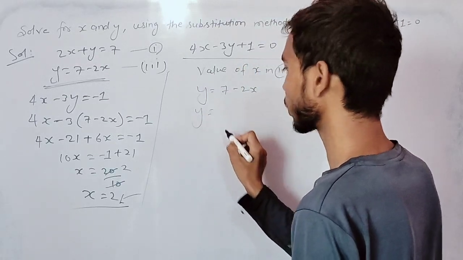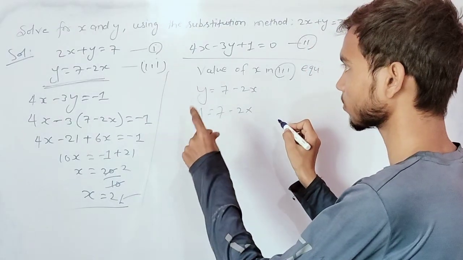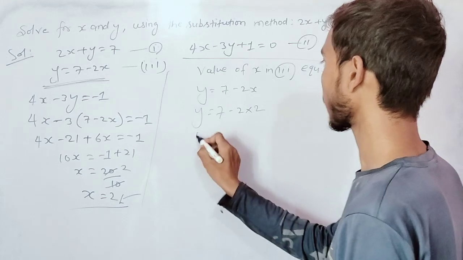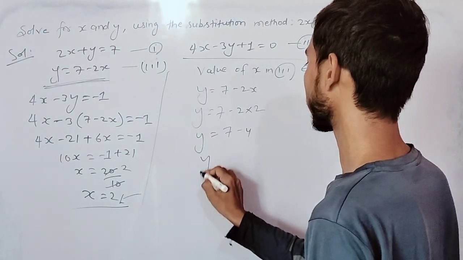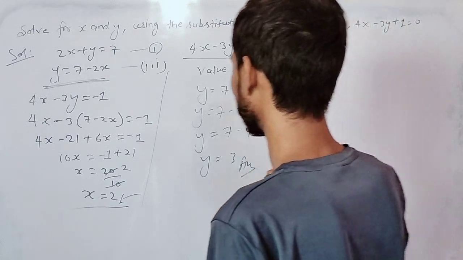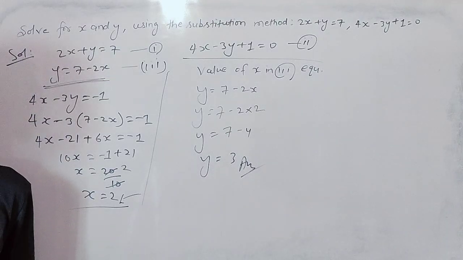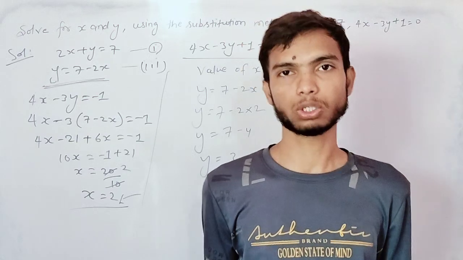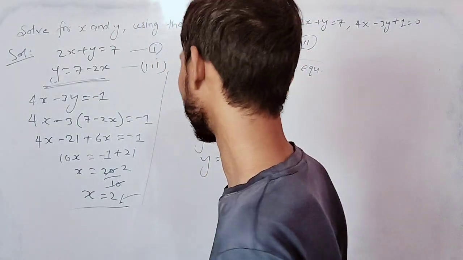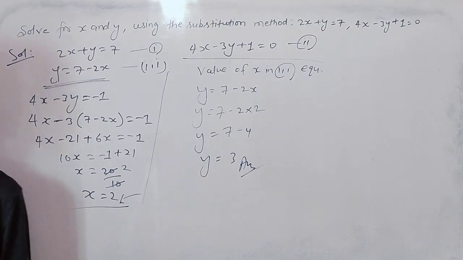We are substituting the value of x in this equation. 7 minus 2 multiplied by 2, so y is 7 minus 4. So y came as 3. So finally, after using the substitution method, we got x as 2 and y as 3. That's all. That's how the substitution method is applied.